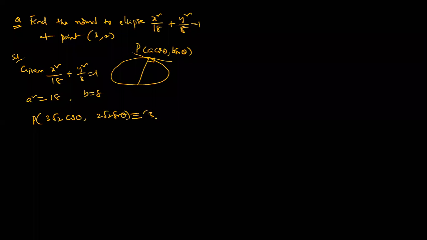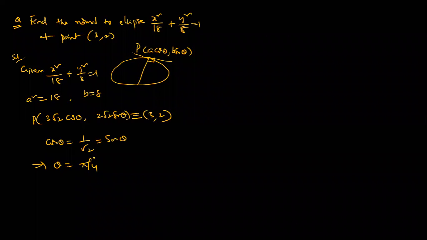But this one is given as (3, 2), see carefully. Now compare these. So 3 cancels, cos theta is 1 by root 2. Here also sin theta is 1 by root 2.